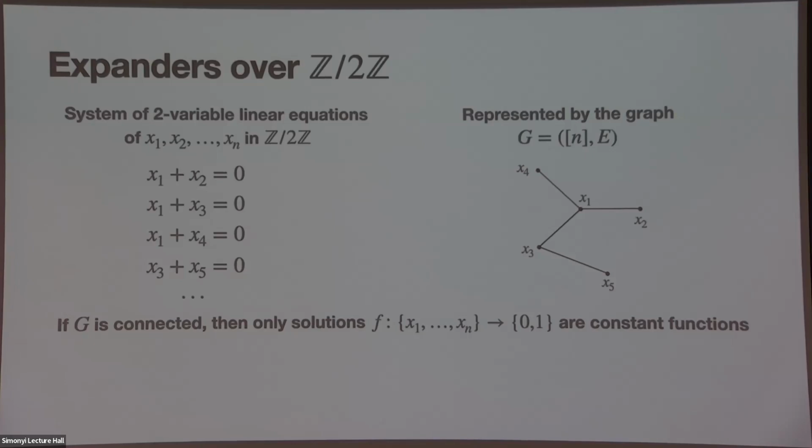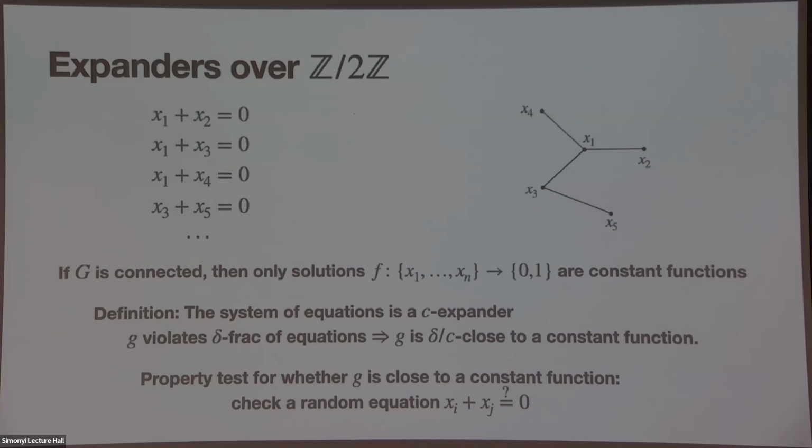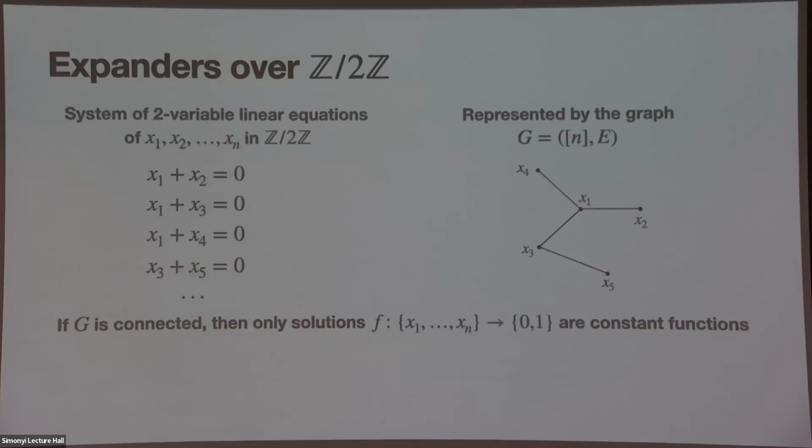So in particular, given a system of linear equations, we construct its equation graph, and if this graph is connected, then the only solution to this system of equations is a constant function. So it's either all 0 or all 1.